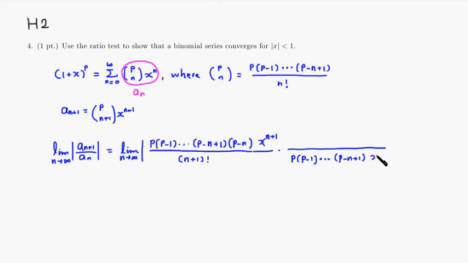On top you have n factorial. Then put the absolute value sign there.